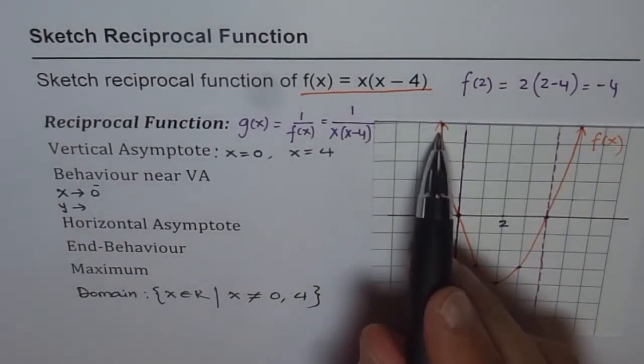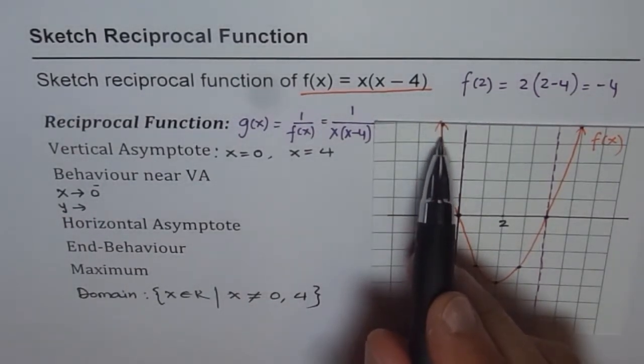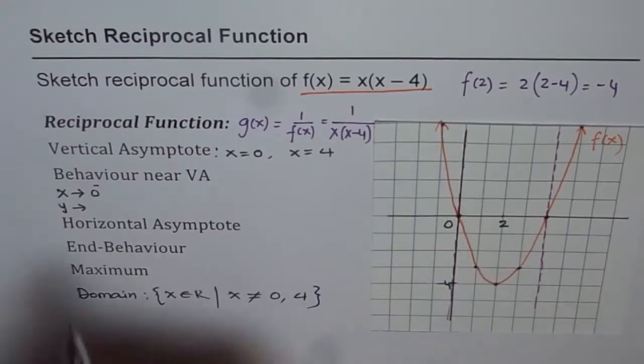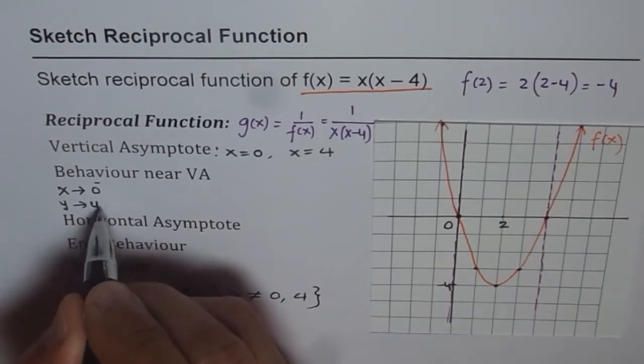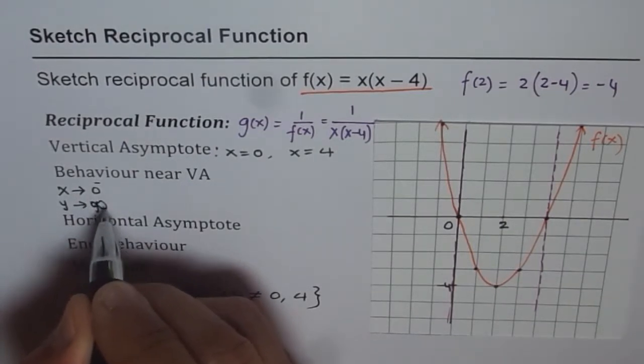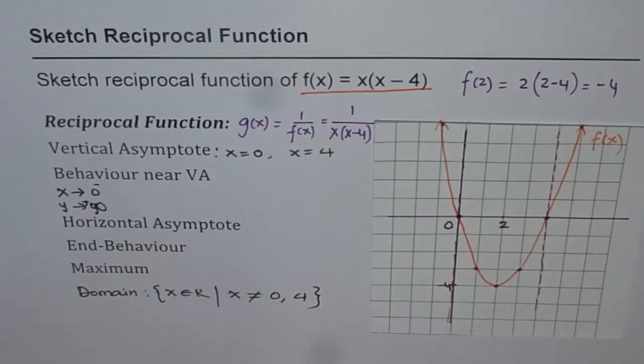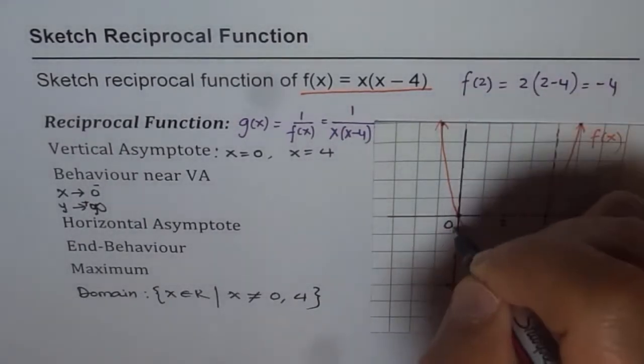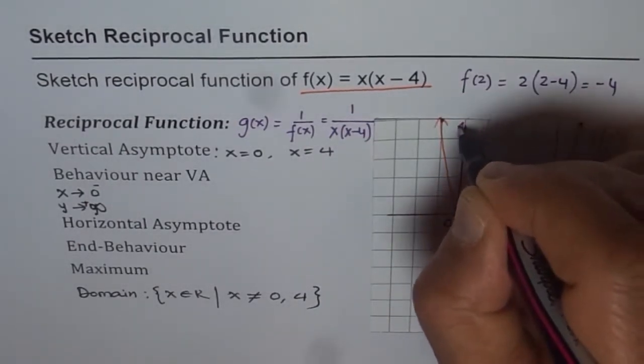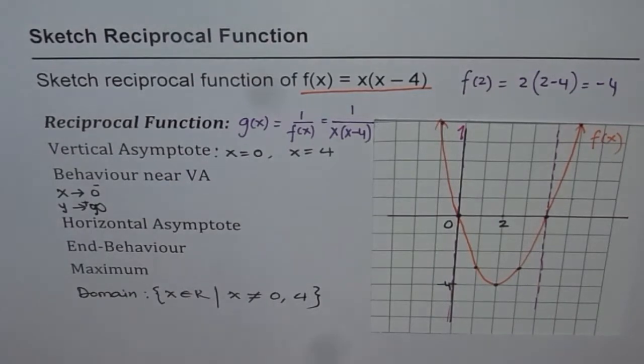As we see that the graph of the function is positive, the reciprocal will be positive, correct? So y also approaches infinity, but it is positive infinity. So we'll draw an arrow marking that as x approaches 0 from the left, the function approaches positive infinity.